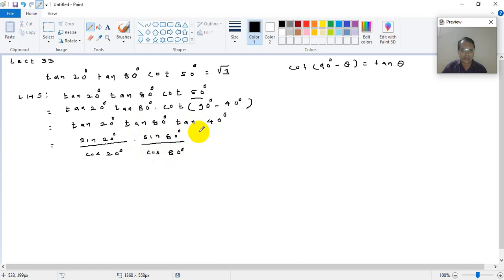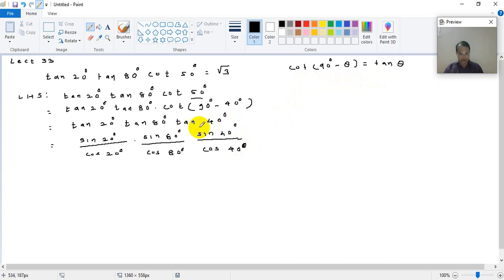And this tan 40 again you can write as sine of 40 degrees divided by cos of 40 degrees. So we should know that cot of 90 minus theta is tan theta. This formula you must be aware of, and sine upon cos is tan. This also you must know.